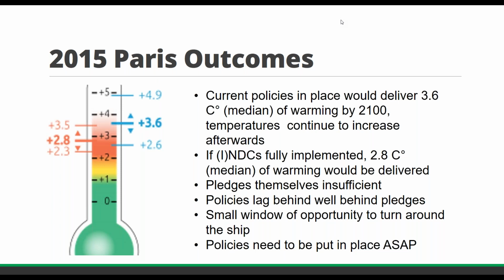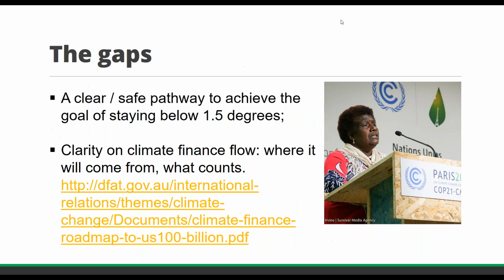And one of the other critical challenges is that there's not real clarity on climate finance flows, where it counts and where it will come from. And I mentioned here a clear and safe pathway to achieving the goal of staying below 1.5 degrees.